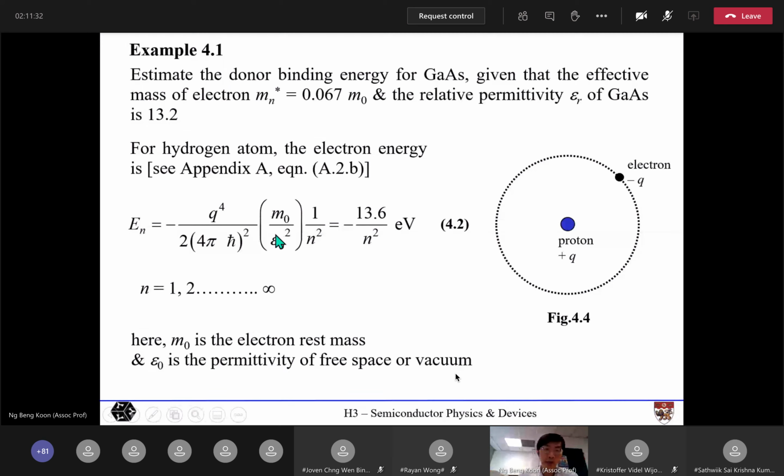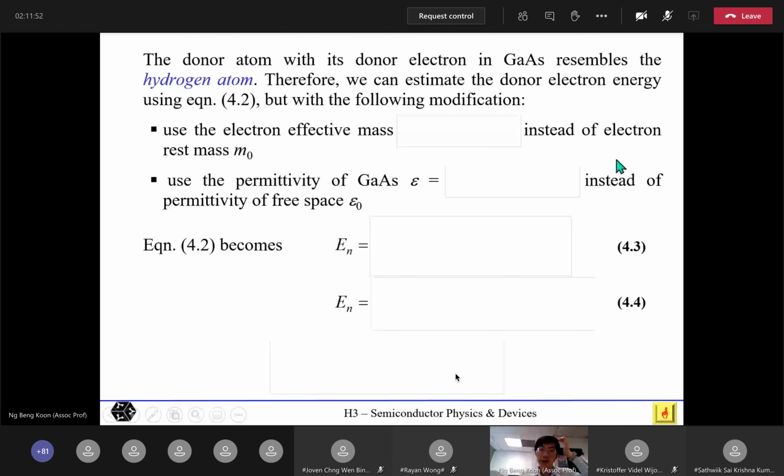So we replace epsilon naught with the permittivity of gallium arsenide, because the surrounding is gallium arsenide material. With that modification, we can use the same equation to estimate the energy of the fifth electron of the impurity atom in gallium arsenide. So that's the approach.